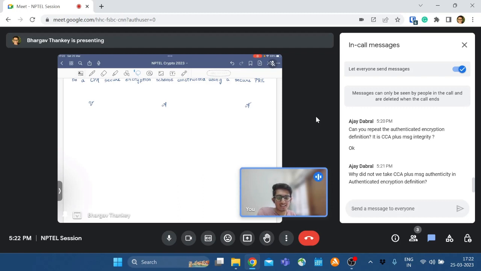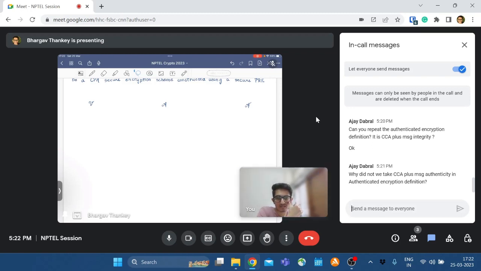CCA plus ciphertext integrity also implies the definition that you are suggesting, because if an adversary cannot forge the ciphertext, then when a receiver receives the ciphertext, the receiver is sure that the ciphertext came from the intended sender, right?